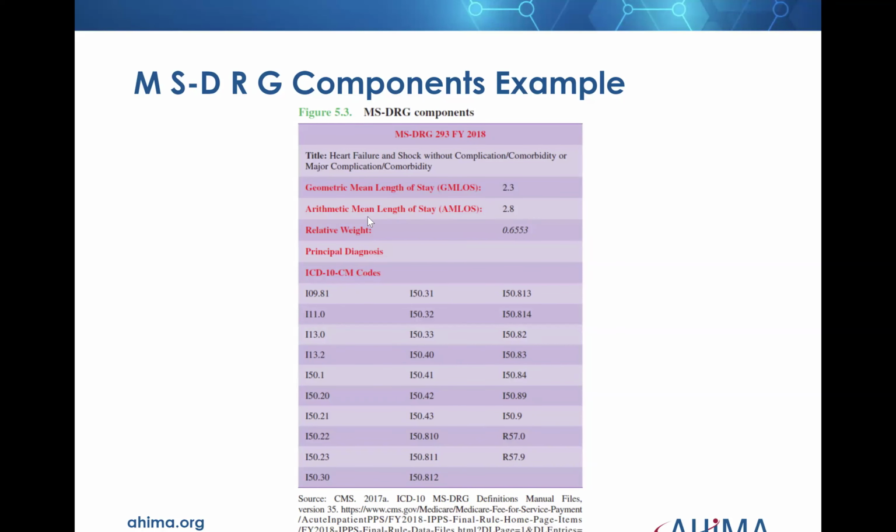The average, the arithmetic mean length of stay is 2.8, a little bit higher, relative weight of 0.655. And here are our principal diagnoses. If a patient is admitted with this principal diagnosis, which is, as we know from coding, the reason for admission after study, then it would most likely fall into 293. I say most likely because there are always some exceptions, and we'll get into that in a little bit.